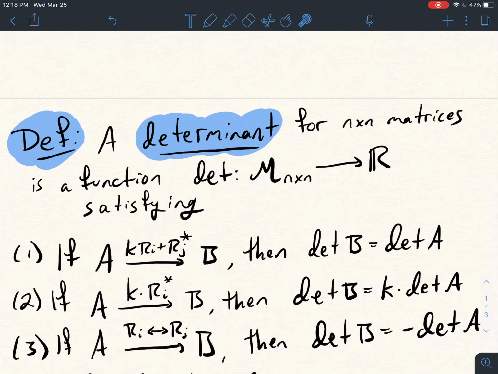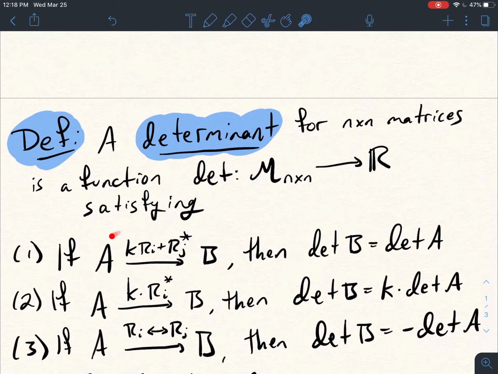A determinant function for n by n matrices is just literally a function from n by n matrices to the real numbers, and it satisfies a couple of things.